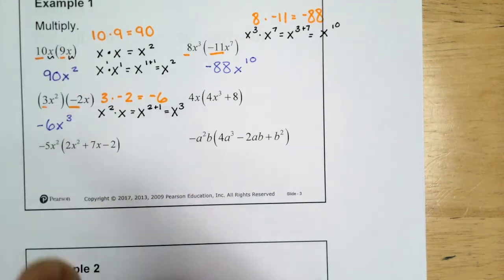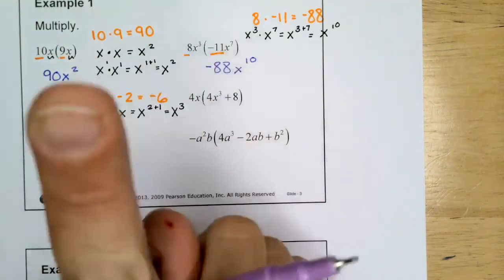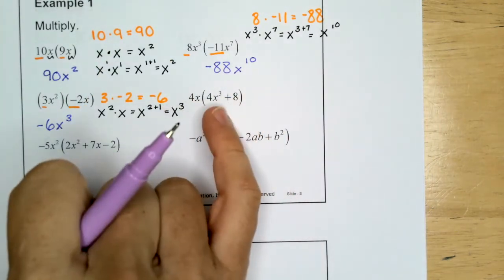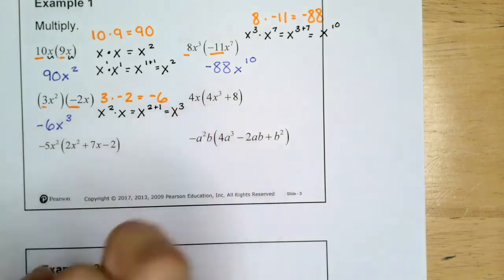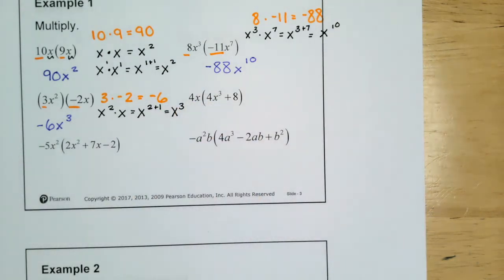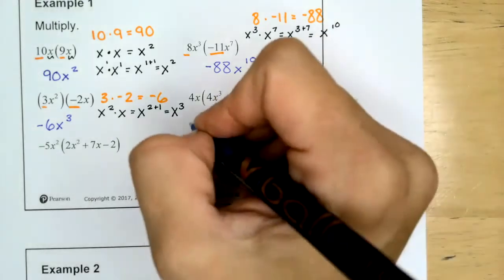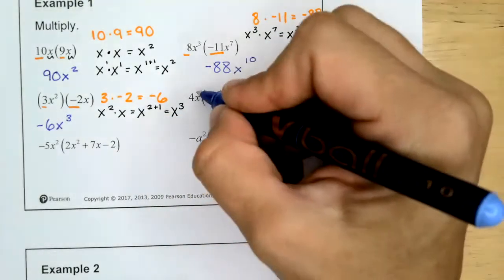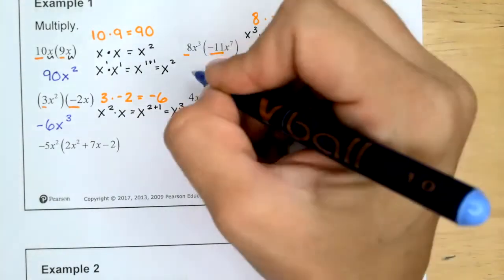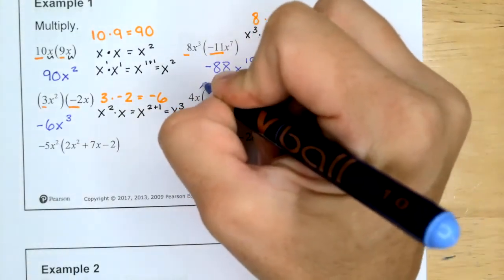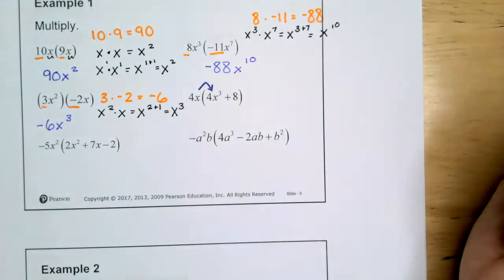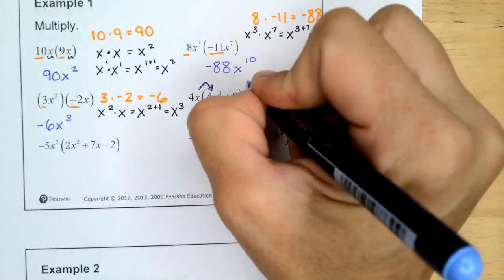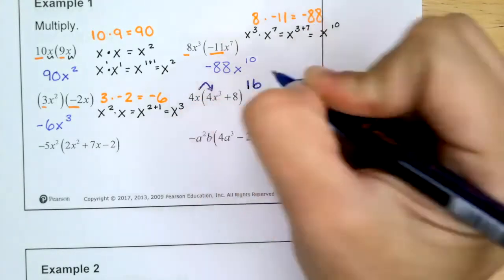So those were each monomials. Do you remember monomial means 1? Now we have a monomial times a binomial, or a monomial times a polynomial, whatever you would like to call it. So this monomial 4x will be distributed to the 4x to the third and to the 8x. So 4x times 4x to the third. 4 times 4 is 16.